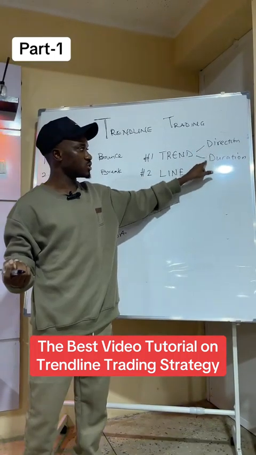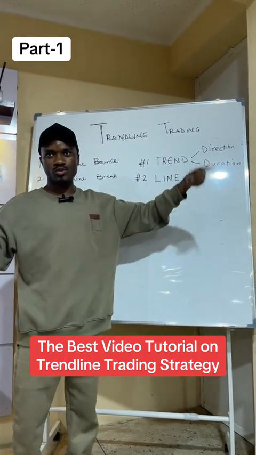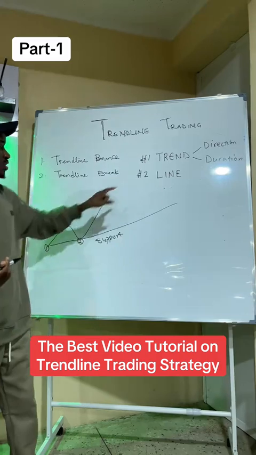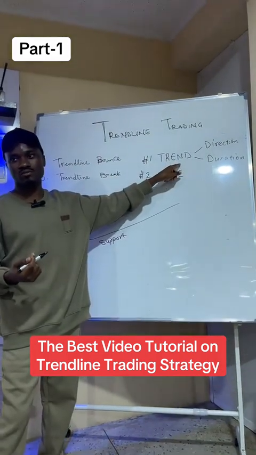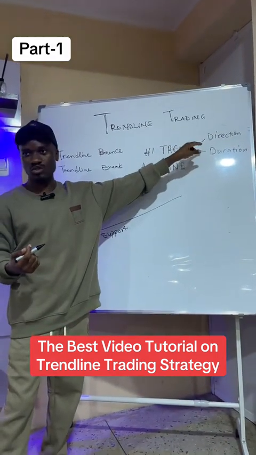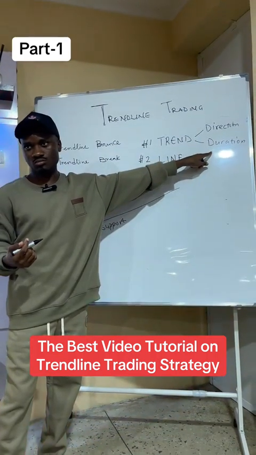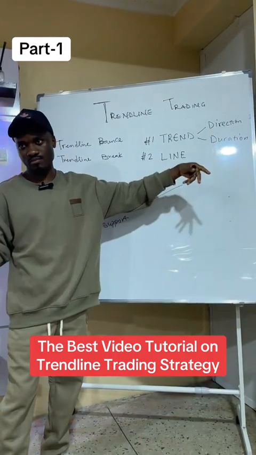We are still going to discuss this, but for now we have done uptrend market, downtrend market, sideways market. Now, for us to be able to understand Trendline, we need to understand what the trend is all about itself. Trend is the movement of price in a specific direction within a period. That period is the duration, or in reference to time.